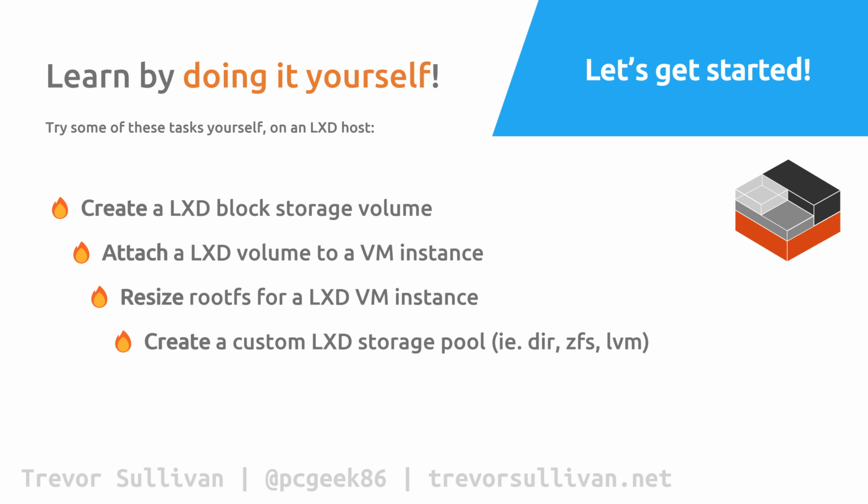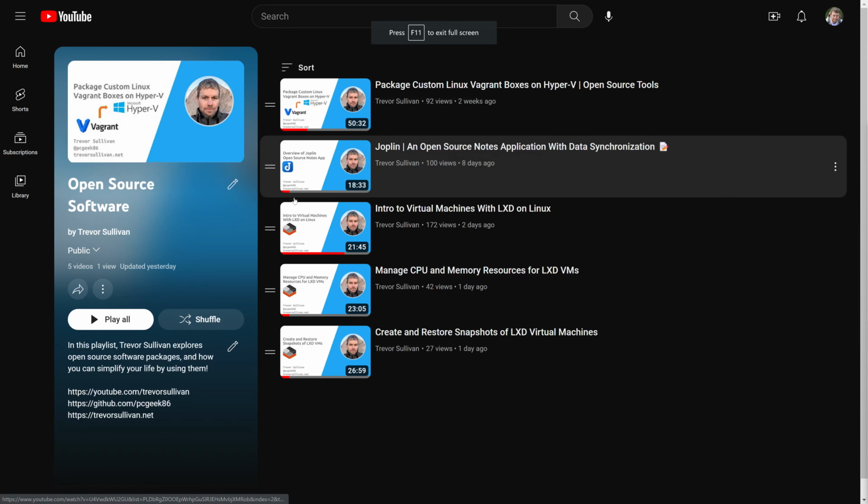You can also create a custom storage pool using any of the supported drivers like directories, ZFS, LVM, and so on. And you can also deploy virtual machine instances using that custom storage pool as the backing storage mechanism for the rootfs file system.